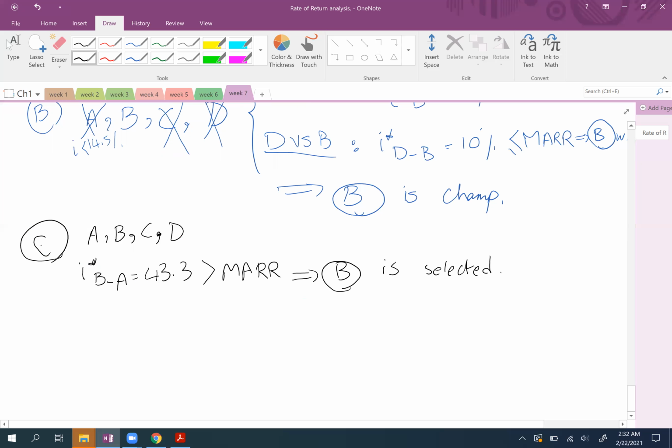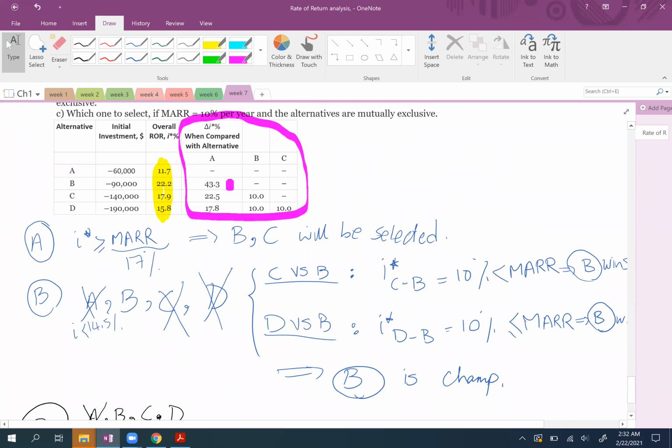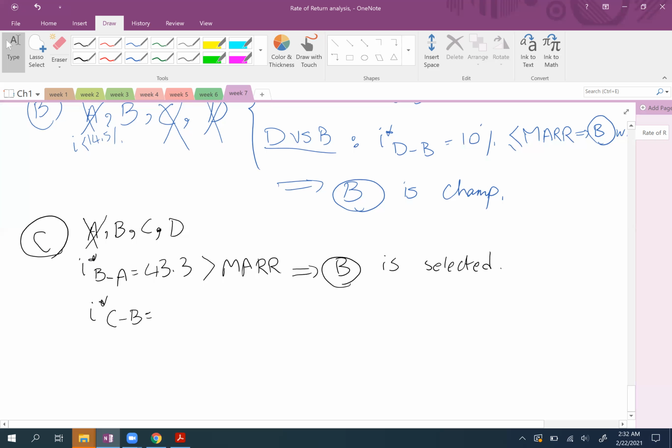I'll go back to this list and eliminate A. The next comparison that I have is to compare C minus B. If you look at this table, you will see CB again is 10%, which is the same as your MAR.